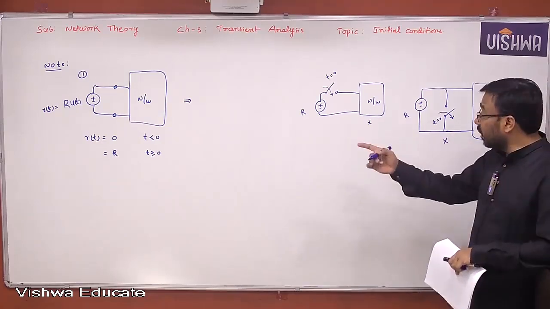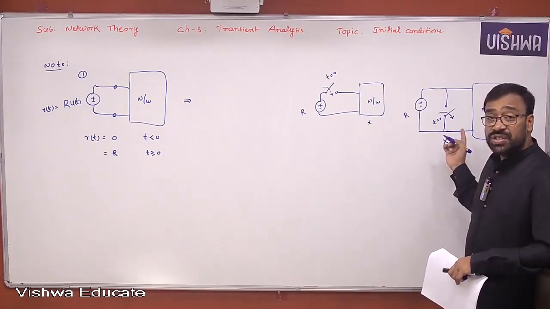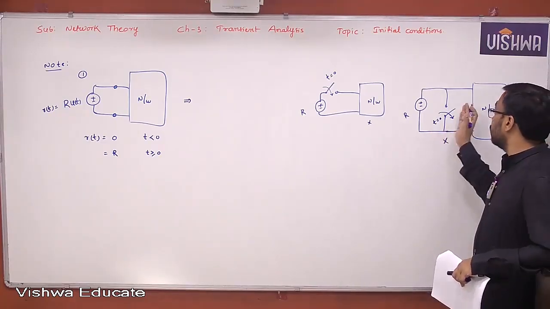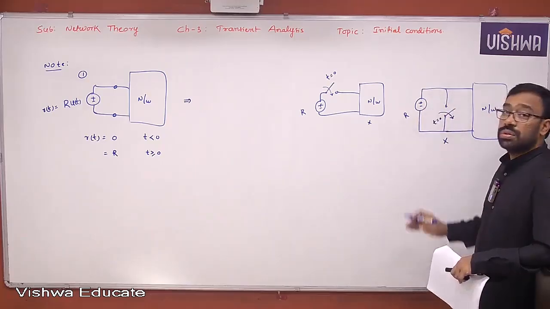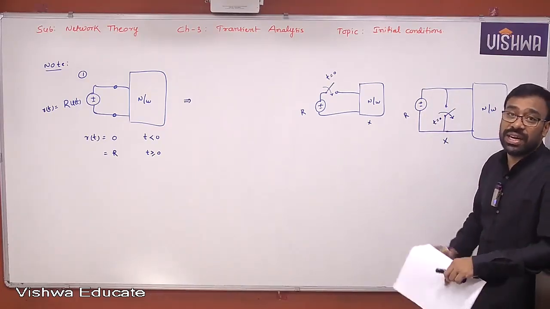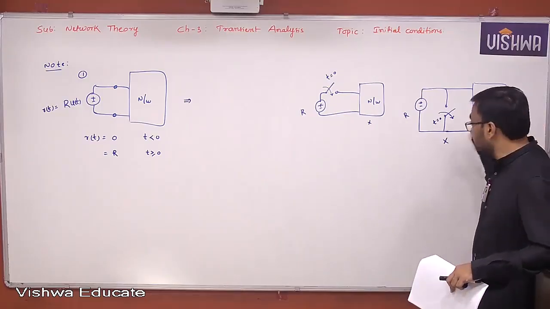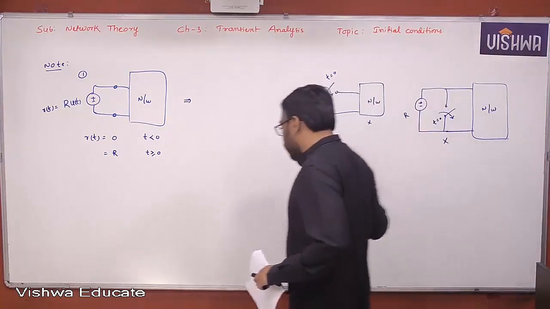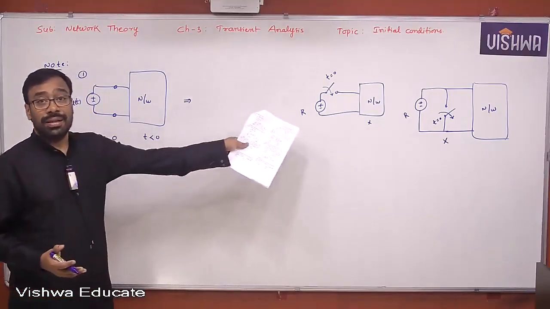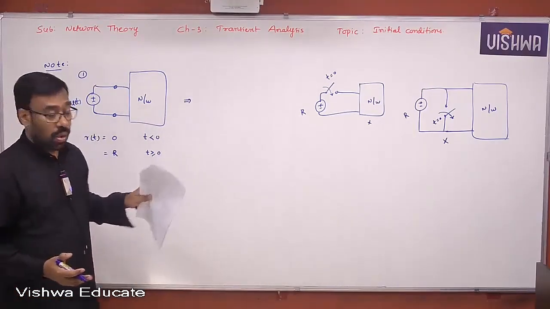Mathematically it looks like it satisfies the condition of the switch position, but practically it is not possible, because when you place a switch across an ideal source, the source will get damaged, infinite current flows, and the entire circuit will get damaged. Yes or no, all of you? Therefore, this is also not correct. People give an answer either this or that, but those two answers are wrong.